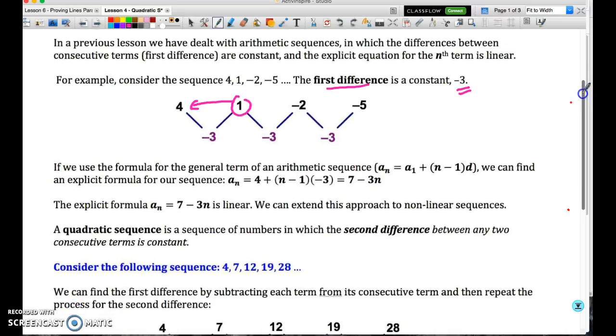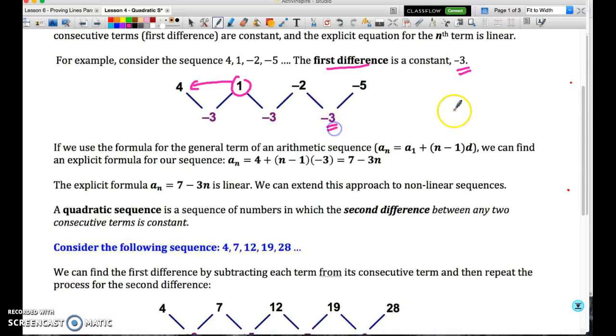And then what we're able to do is use the first difference, the constant value minus 3, that is going to be our common difference. We're going to substitute this into the a of n formula in order to find an explicit formula for the nth term of this arithmetic sequence.